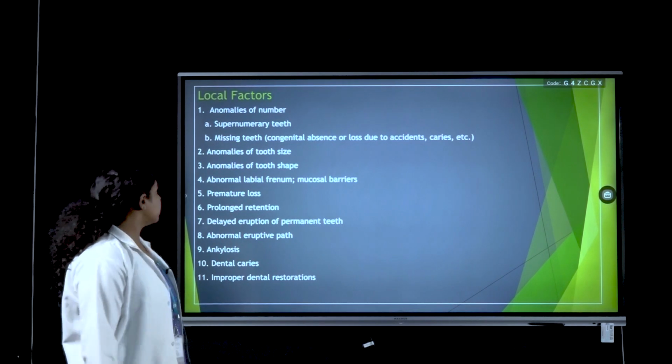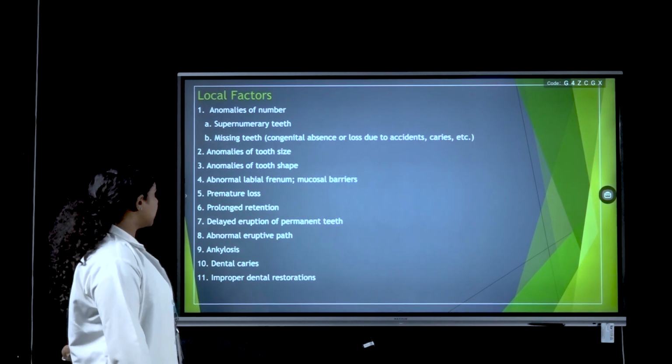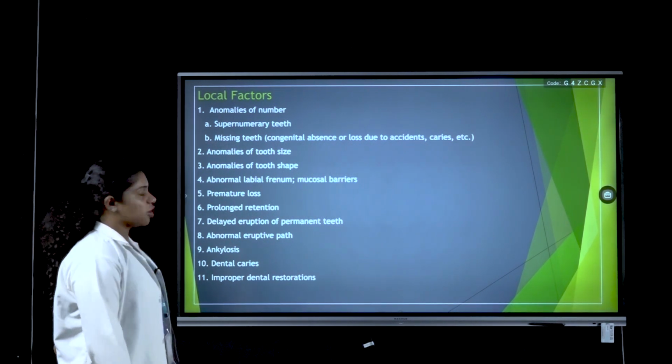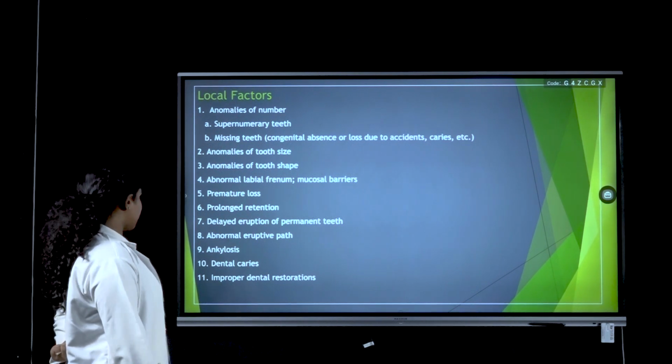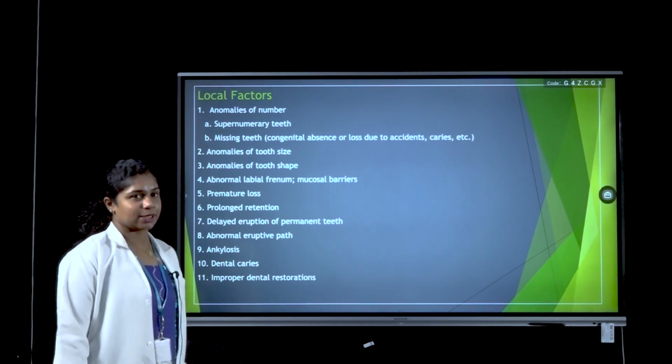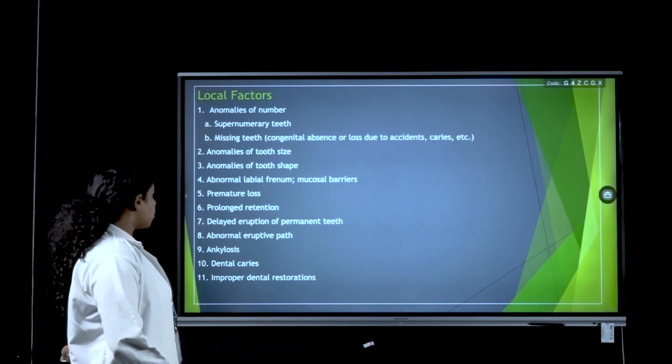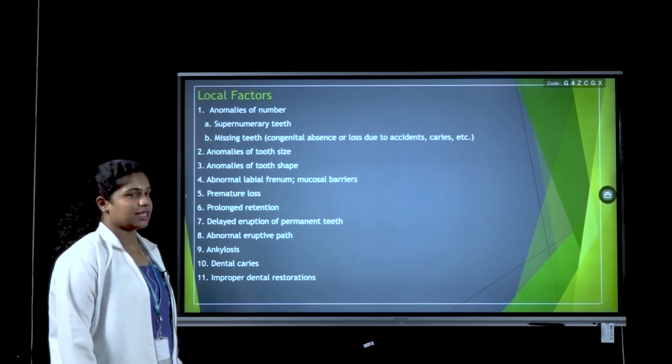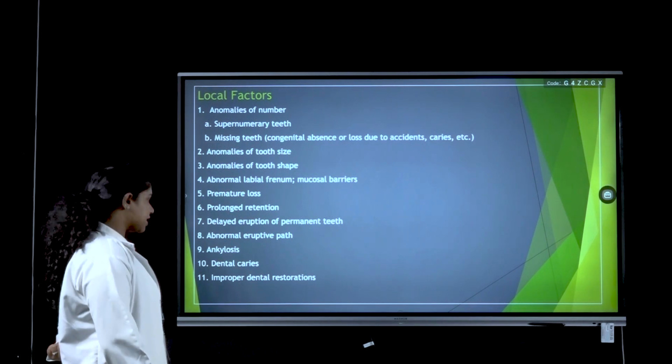Local factors include anomalies in number, tooth size, tooth shape, abnormal labial frenum, mucosal barriers, premature loss, prolonged retention of the teeth, delayed eruption of the permanent teeth, abnormal eruptive path, ankylosis, dental caries, and improper dental restorations.